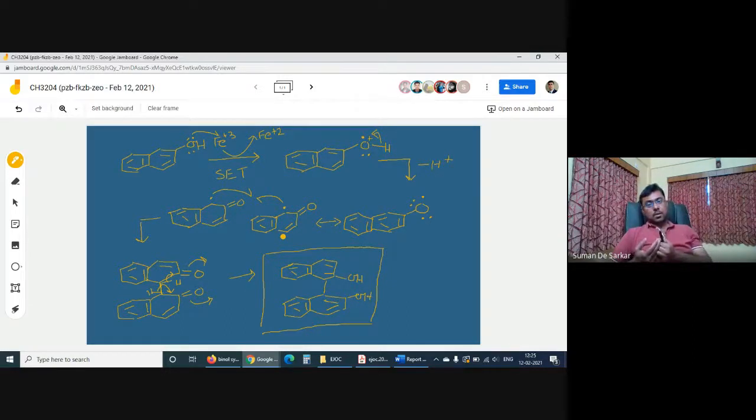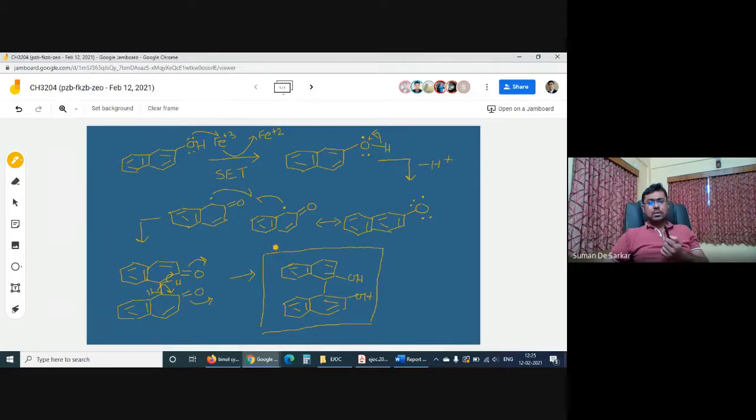It may happen that this intermediate can react with another unreacted beta naphthol. So this radical coupling is not absolutely necessary to form the carbon-carbon bond. It can form with this unreacted beta naphthol as well. I will show you in a minute that mechanism, that possibility as well.